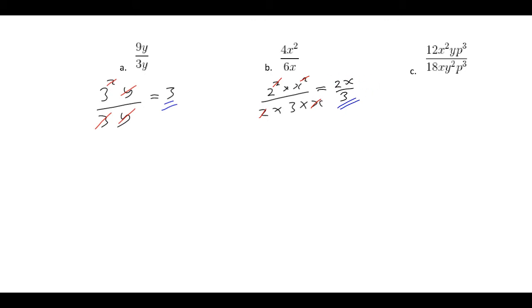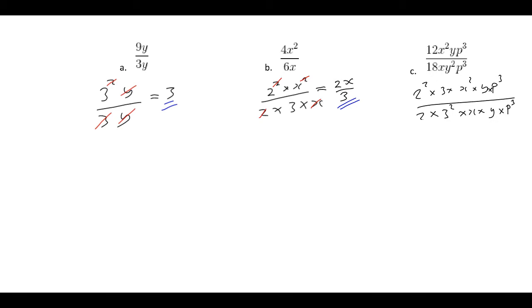And this works no matter how hard the problem is. It's going to work on this too. So 12 is 2 squared times 3. And we've still got x squared, y times p cubed. And on the bottom, we have 2 times 3 squared times x times y squared times p cubed.